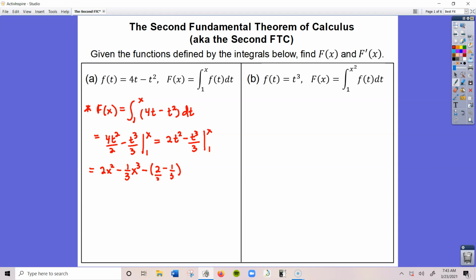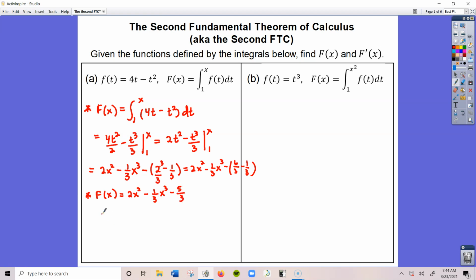So I'm going to put this over 3 and multiply this by 3. So this gives me 2x² - (1/3)x³ - 6/3 - 1/3, which gives us capital F(x) equal to 2x² - (1/3)x³ - 5/3.